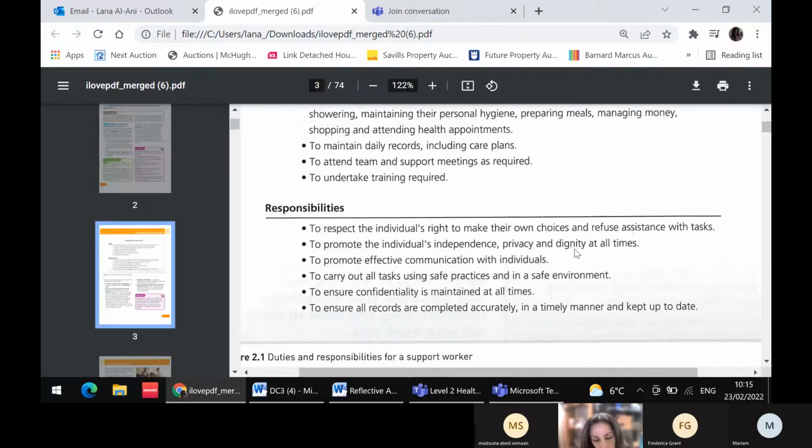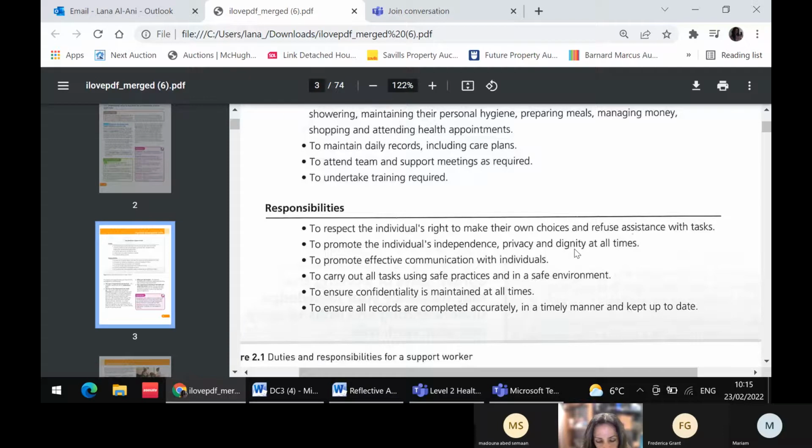How about our responsibilities? Our responsibilities are to respect the individual's right to make their own choices and refuse assistance with tasks.